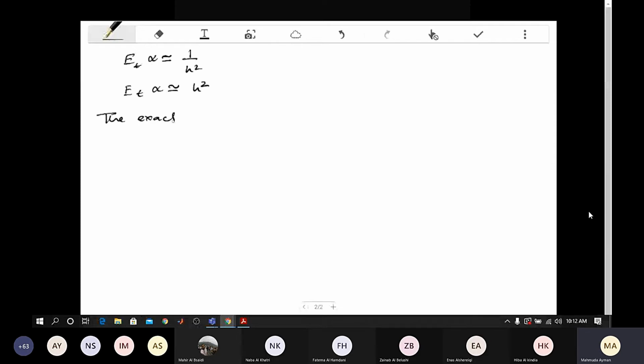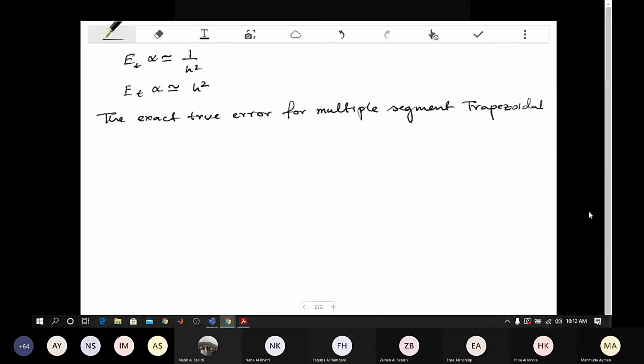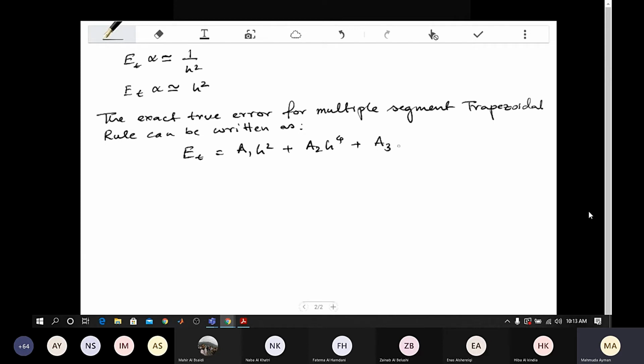The exact true error for multiple segment trapezoidal rule can be written as: the true error is equal to a1 times h squared plus a2 times h to the power 4 plus a3 times h to the power 6 plus continuation.